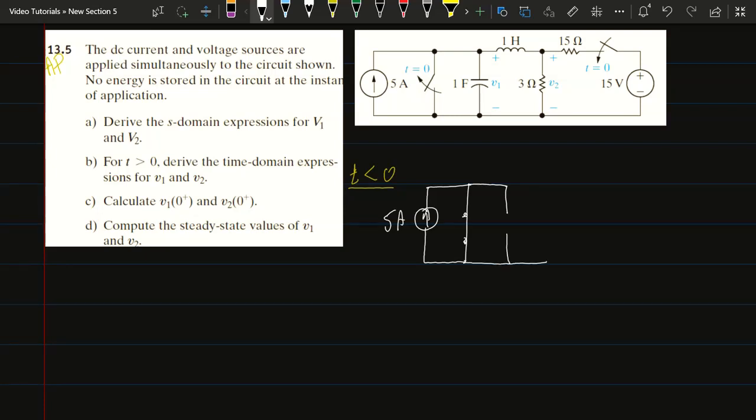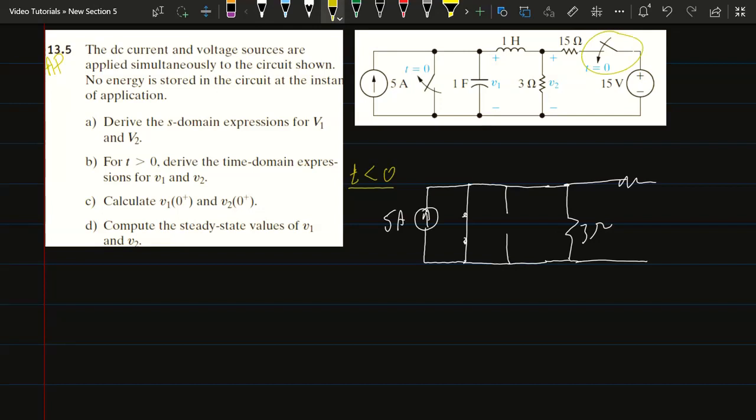So this is now an open circuit, and this inductor will be a short circuit, and I will have a resistor in here of 3 ohm, and then I have another resistor in here, and then the rest of the circuit will be open because this other switch was open during that period.